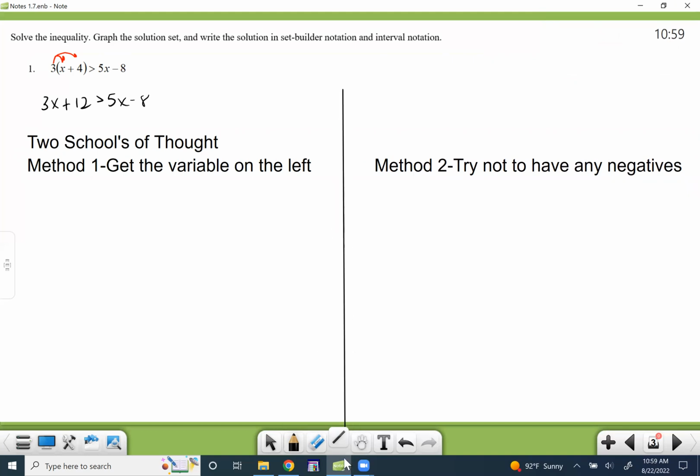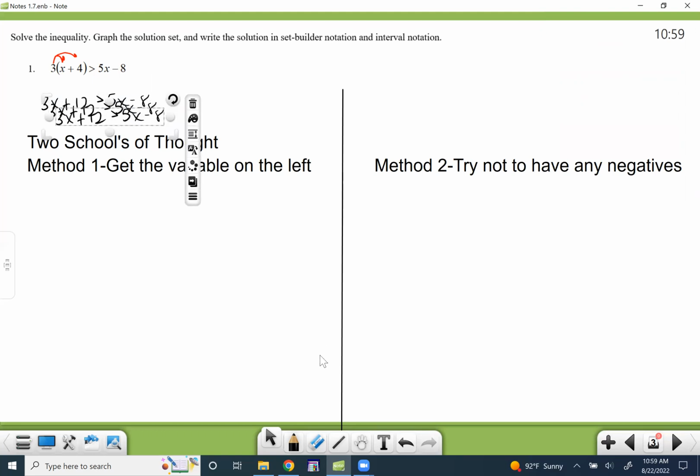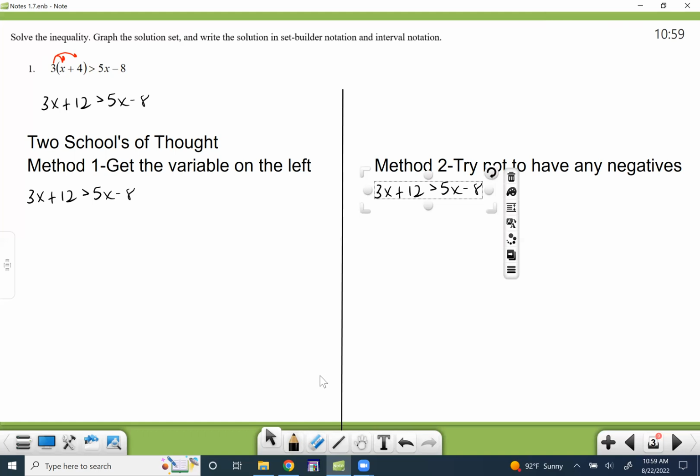All right, so for the first one, if my goal is to get the variable on the left, then let me go ahead and take this inequality. Okay.